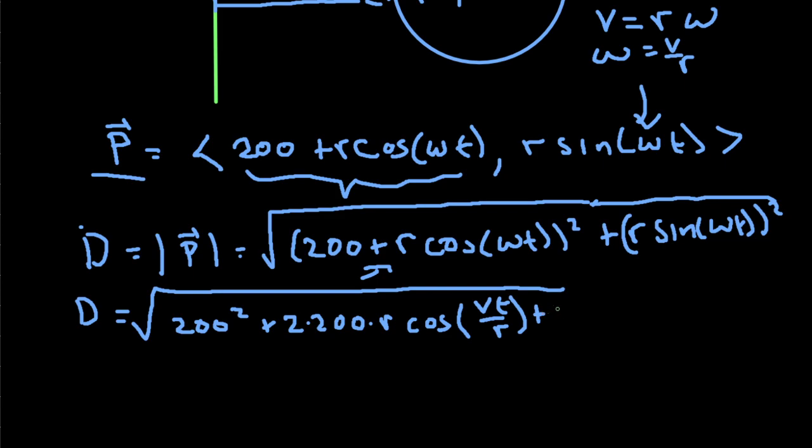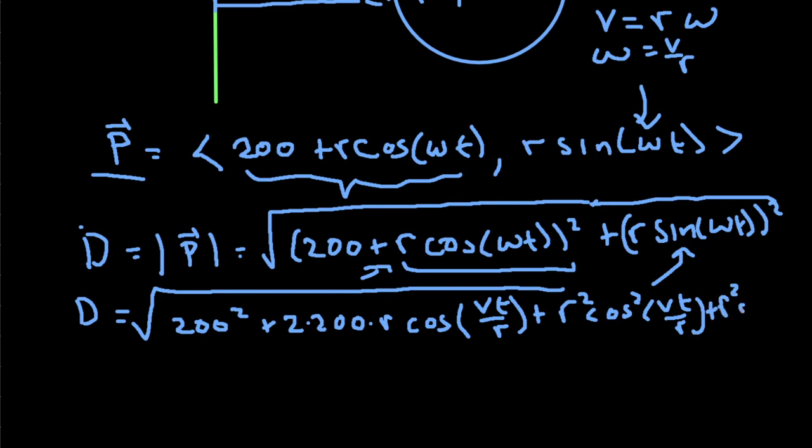plus r cosine. So we're going to square this term, r cosine omega t, and then add r squared sine squared omega t. I'll show the steps: we're going to have r squared cosine squared vt over r plus r squared sine squared vt over r. I hope you can see this on the board.